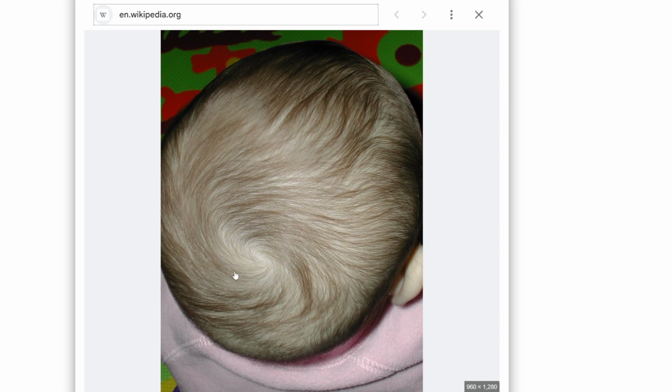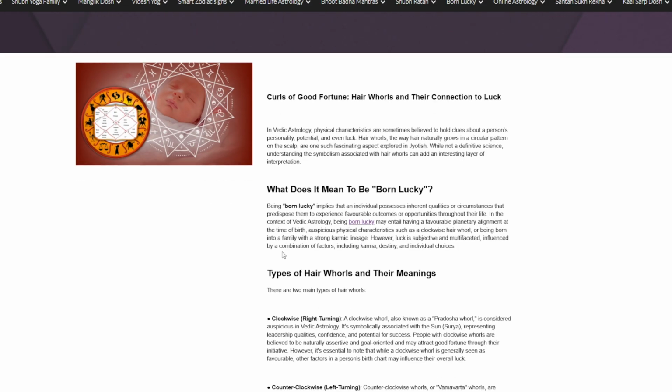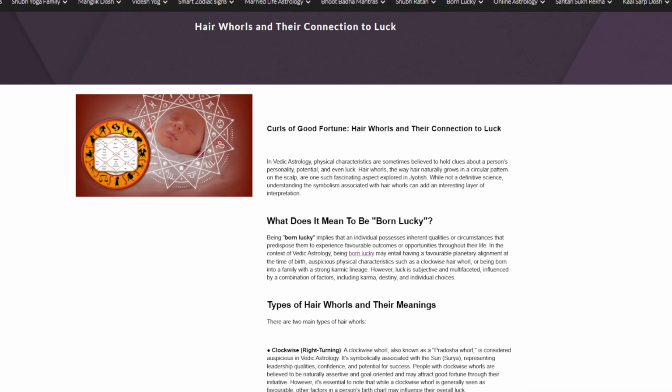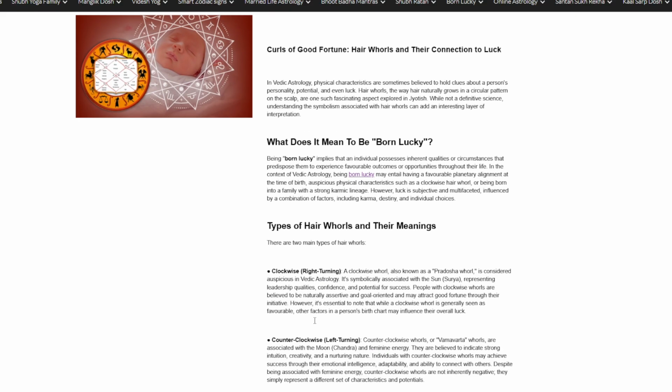Okay. The hair is growing in a clockwise fashion. But I don't think this is the direct thing, because I was reading another article, actually not an article, this is like astrology stuff, but they also have this. So I thought let's include this. So this is the clockwise world.